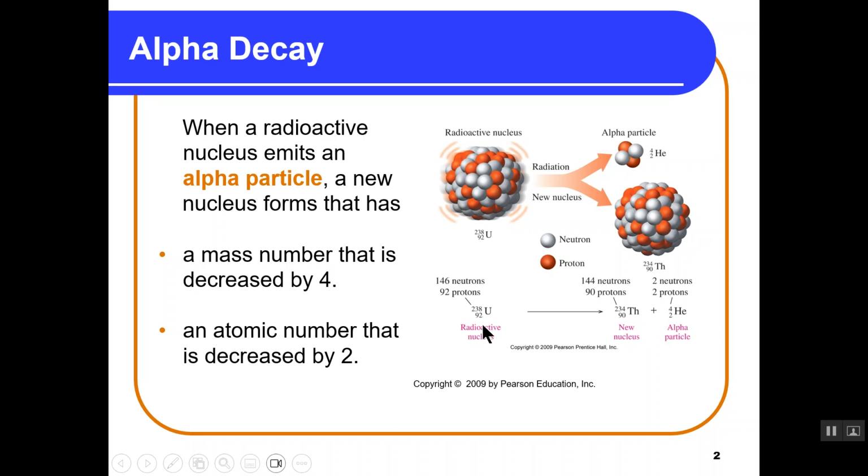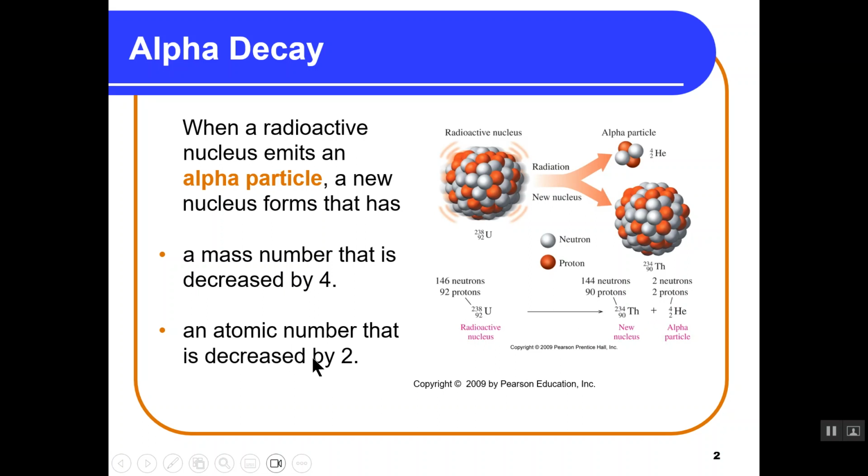So if you look at the changes that are taking place in terms of the atomic numbers and the mass numbers, you'll see that when the alpha particle is produced, the atomic number, which was originally 92 here, becomes 90. So there's a change of 2, or decrease in the atomic number of 2, when the alpha particle is produced.